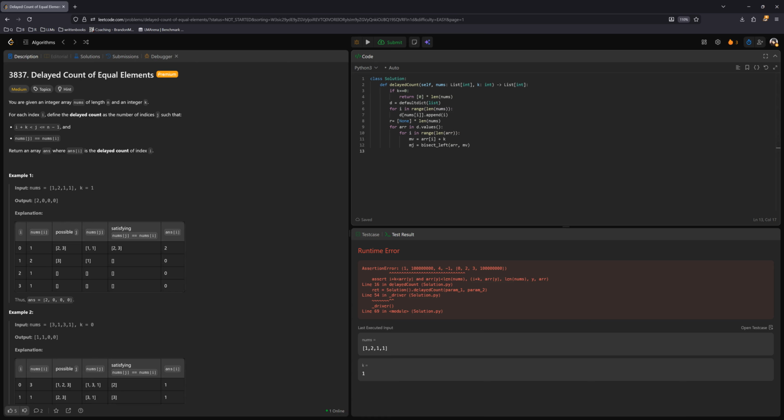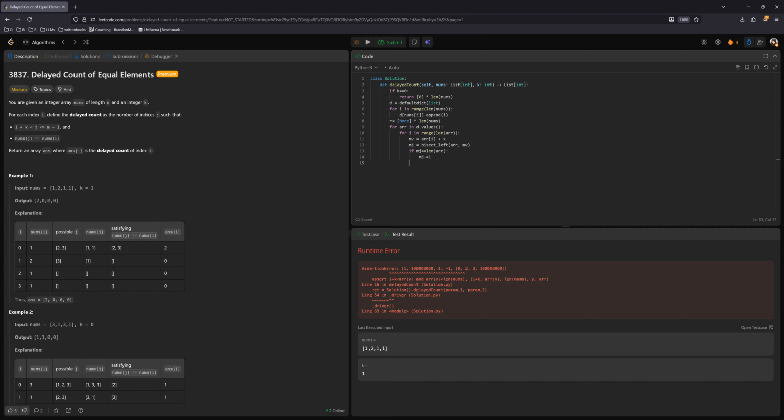Okay. Now, if MJ equals length of ARR, then MJ minus equals 1, right? We want something that's in range.